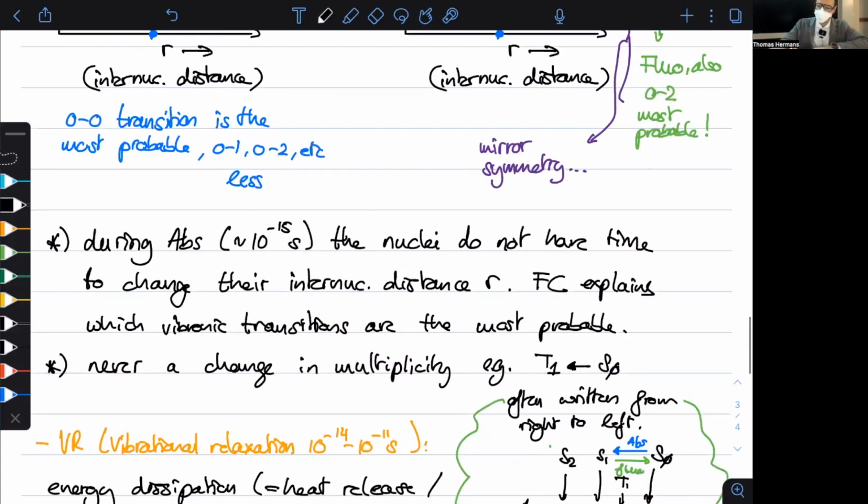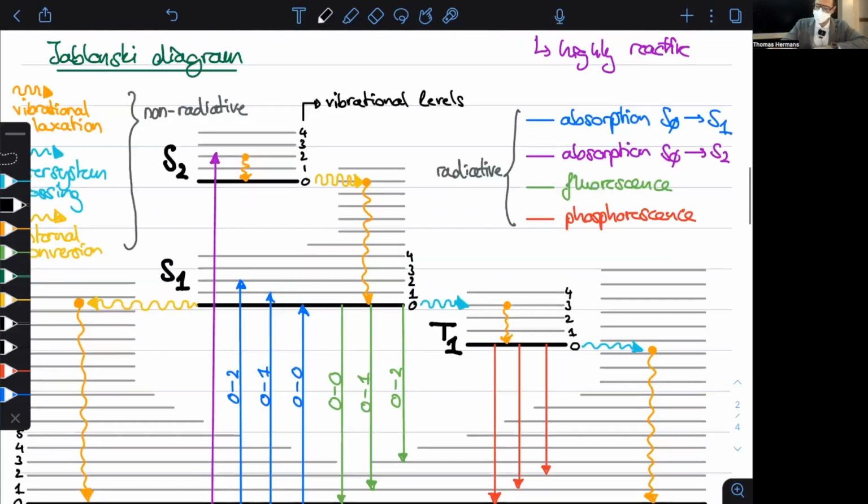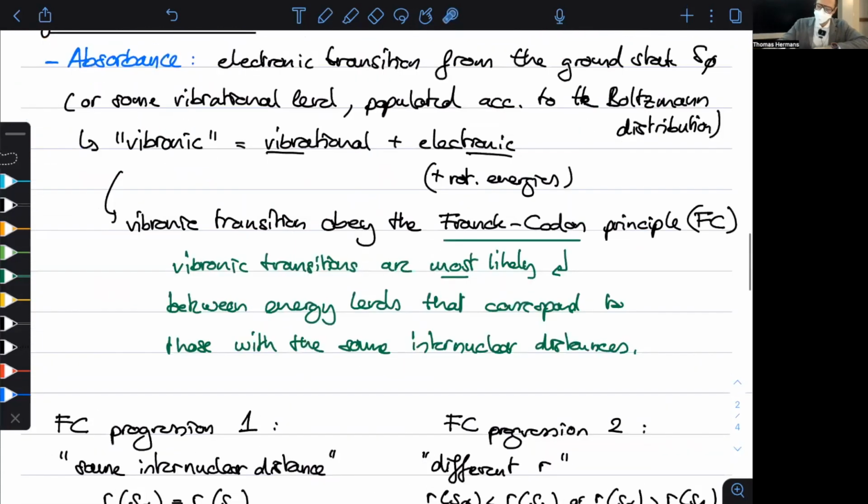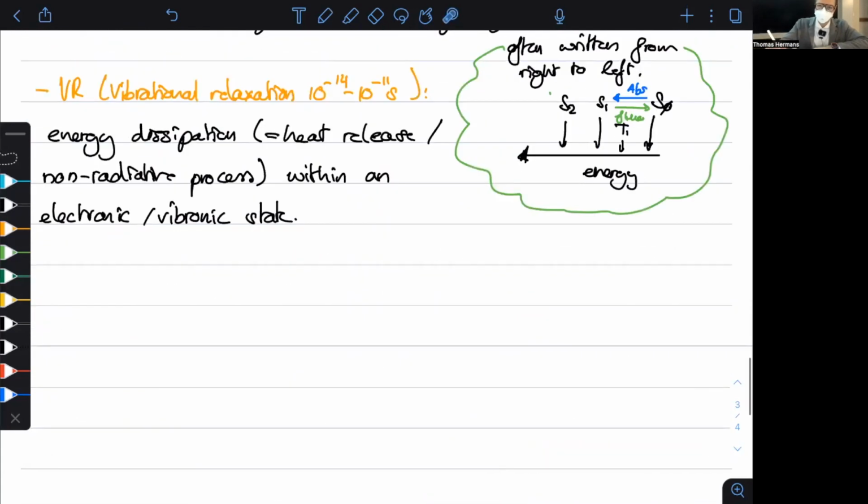Right, so if you go back to the Jablonski diagram, it means these vertical orange things are relaxing within the state, within S1. This one is relaxing within T1. Okay? So that's vibrational relaxation.